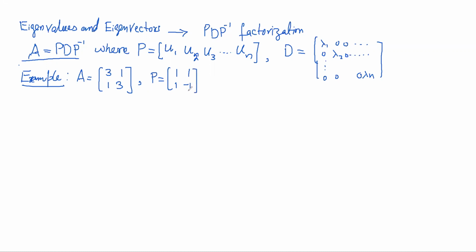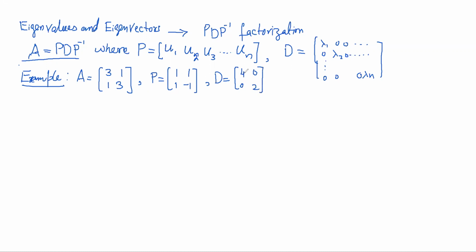So you can find these eigenvectors, okay? And its eigenvalues are the diagonal elements of this diagonal matrix, 4, 0, 0, 2.